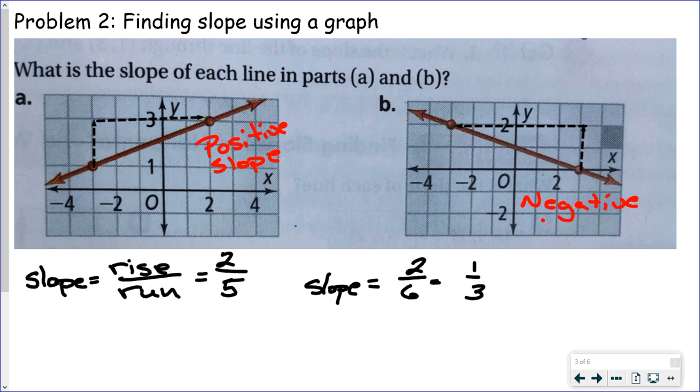And I'm just going to ask that you memorize that. A line leaning to the right is a positive slope. A line leaning to the left is a negative slope. So that means the slope down here is actually negative 1/3. So you just have to remember that. So you do the rise over run, the same for both of them. But if the line's leaning to the left, put a negative slope. If the line's leaning to the right, put a positive slope.